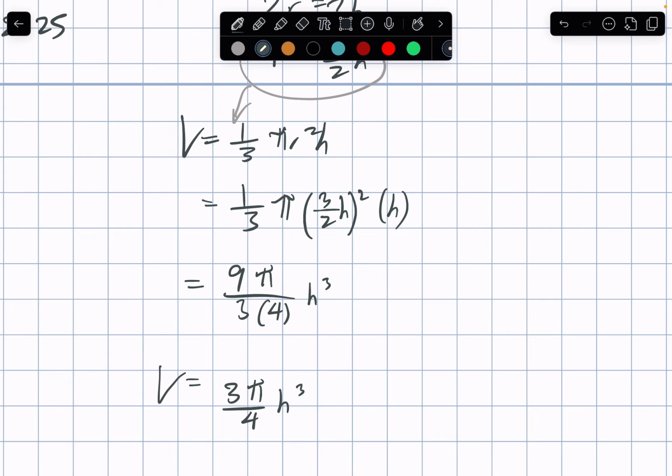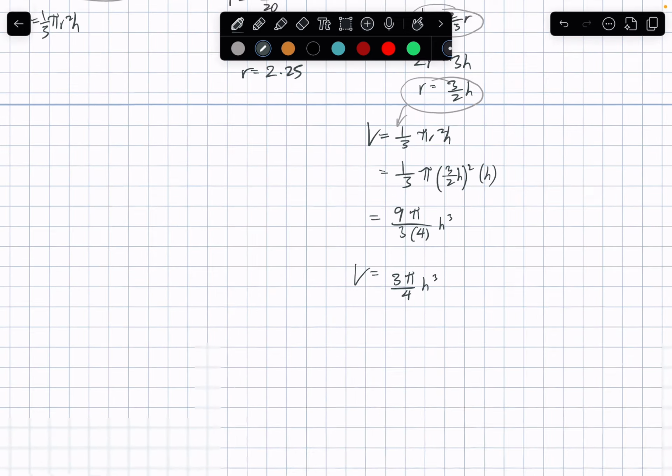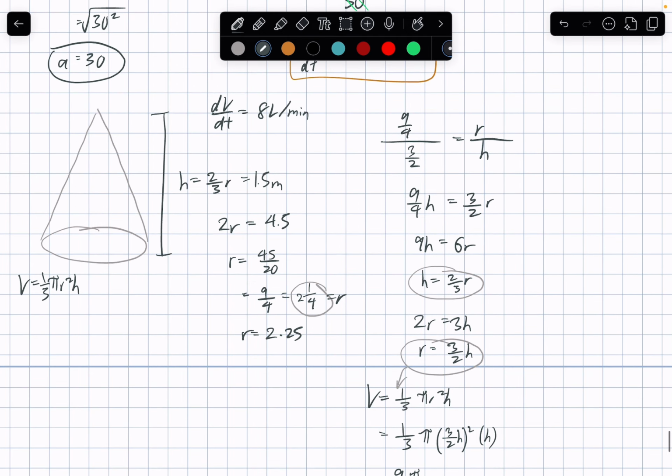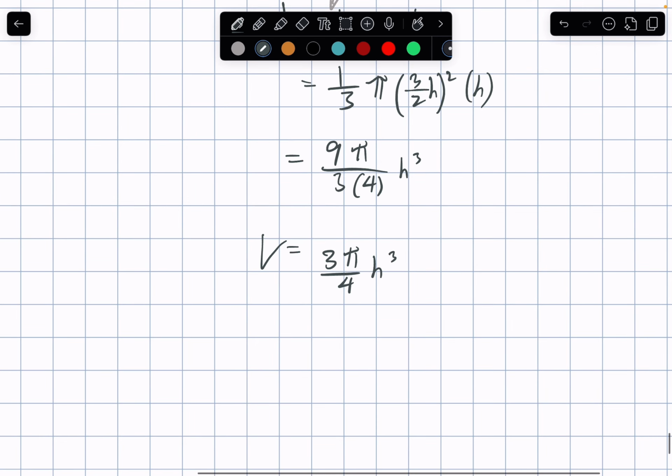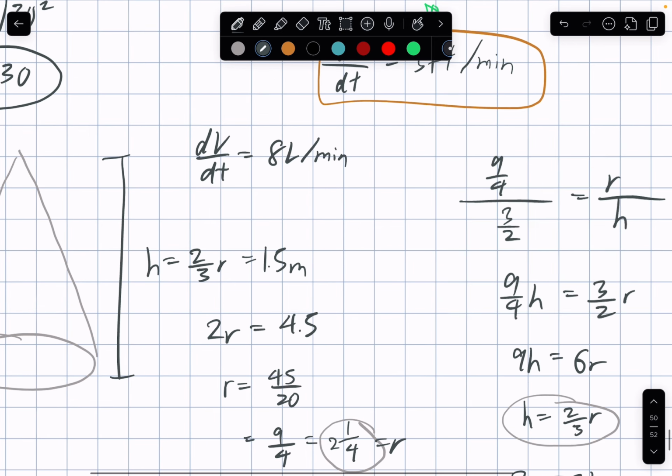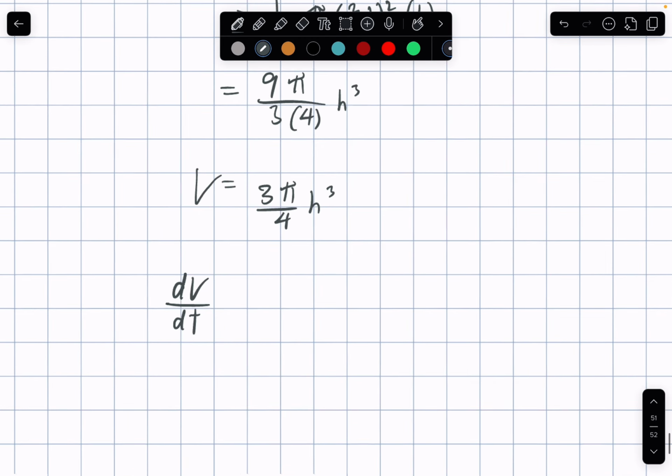Okay. So that is our volume now, only expressed in terms of height, no more radius. Now, we find its derivative. What we were given earlier is its value. From there, we find dh over dt eventually.